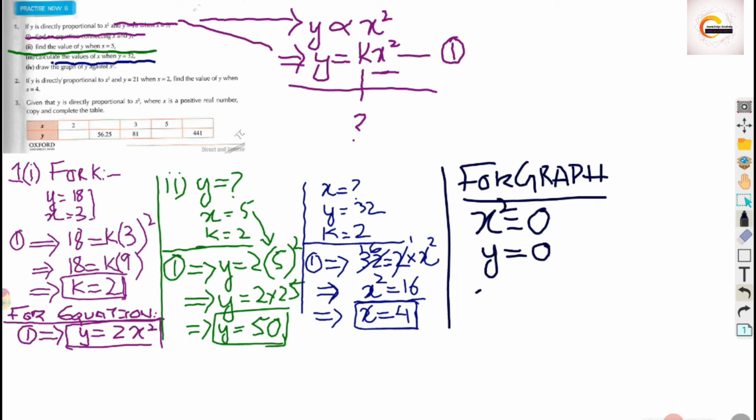Now if x is 1, let's say, what would be the value of y?